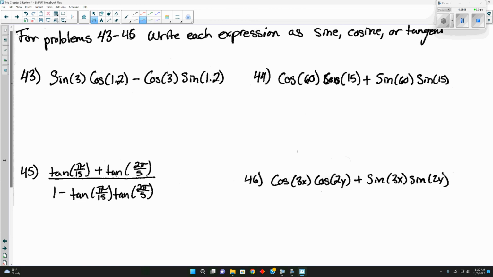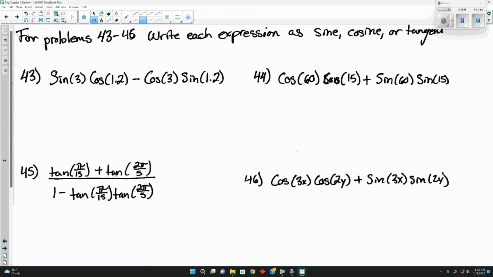So for 43 through 45, write the expression as sine, cosine, or tangent. So for these here, we're not wanting an actual value. We're wanting a rewritten expression. Is there one of these in particular that y'all want to look at? And again, for these here, I would be going back to your reference sheet. Because if we look at, say, 43, sine of an angle times cosine of an angle minus cosine of an angle times sine of an angle.